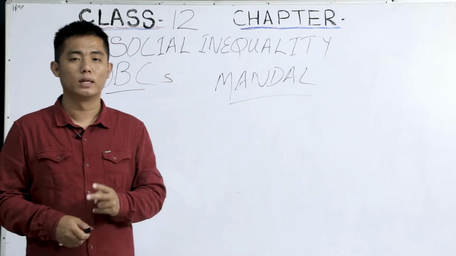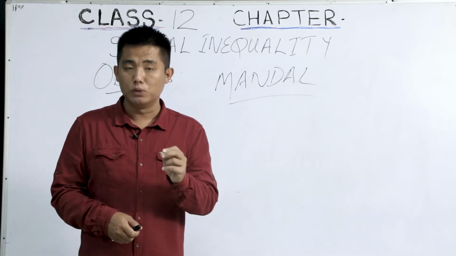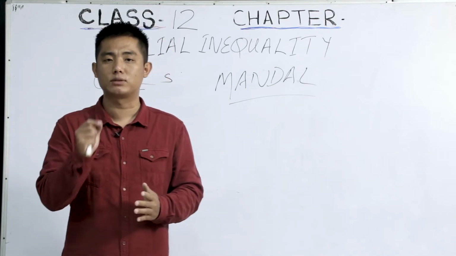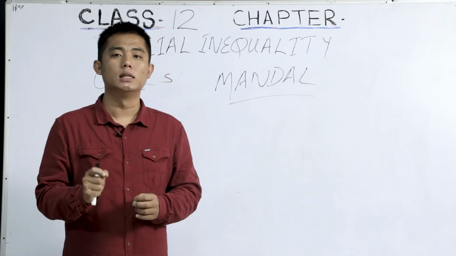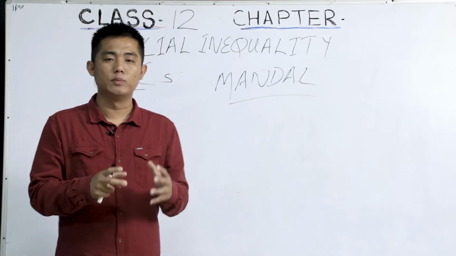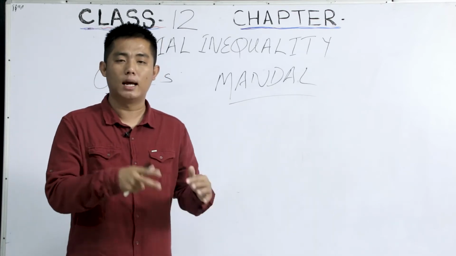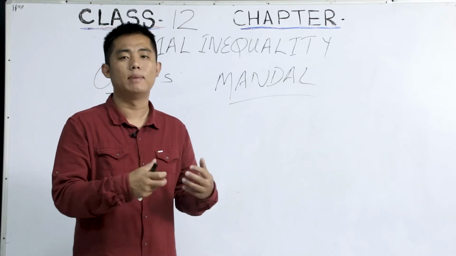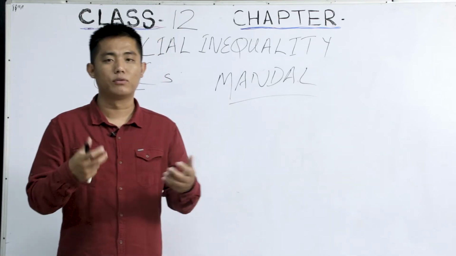One group included those who were extremely backward, educationally and economically, which means most of them were illiterate and either below the poverty line or did not have the basic needs of daily life.